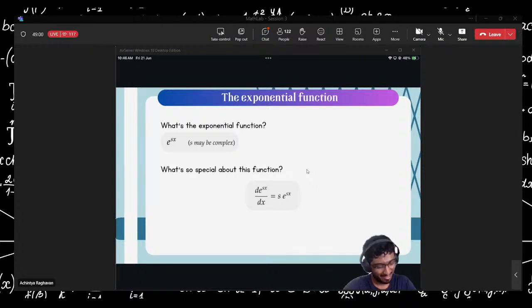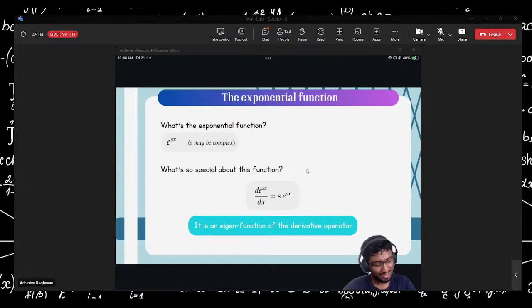Some of my IIT friends will know it. Basically, e power sx is an eigenfunction of the derivative operator. These are just fancy words. This literally means what this equation says. An eigenfunction of an operator is a function which, if you pass it through the operator, just gets scaled. And that's basically what this is. You don't need to know this.